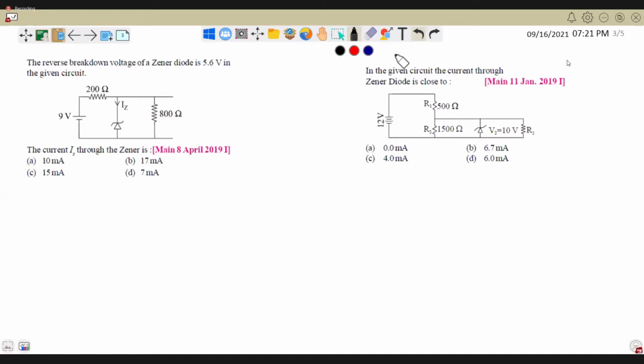The reverse breakdown voltage of a Zener diode is 5.6 volts.